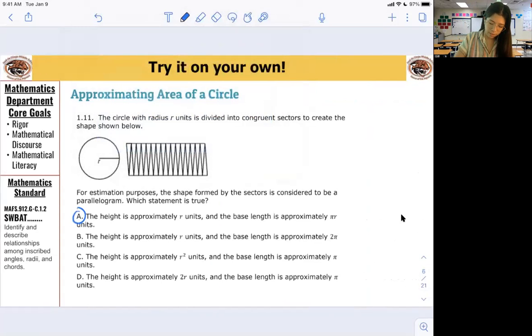The height would be r units and the base would be pi r units. And if you get this question wrong on a test, I'm going to be very upset with you. Because again, there's no math involved. There was nothing involved except did you write down the actual definition or did you not write down the actual definition? Any questions on this one?